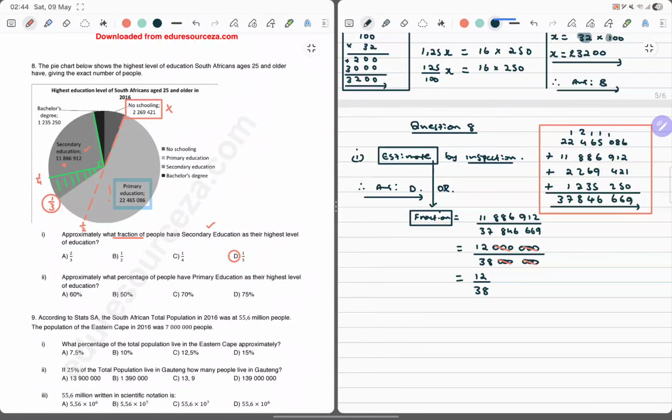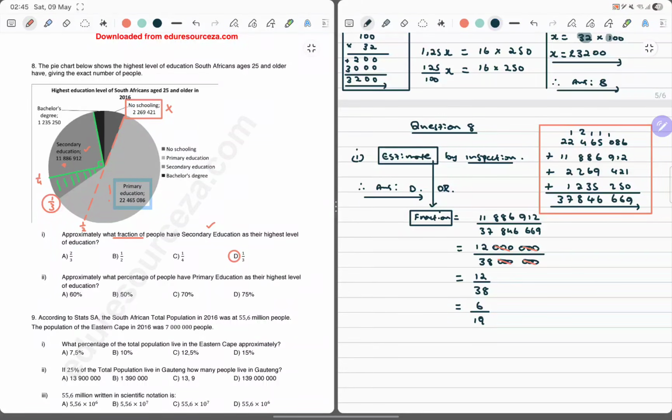And if we want to simplify this one further, what goes into 38? We can see that this is somewhat 6. 2 goes 6 times into 12, and into 38 goes 19 times. So this is 6 over 19.